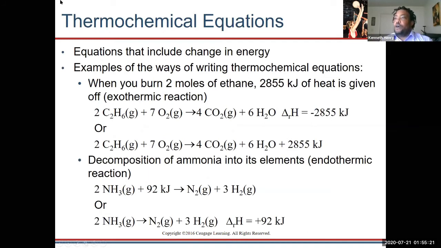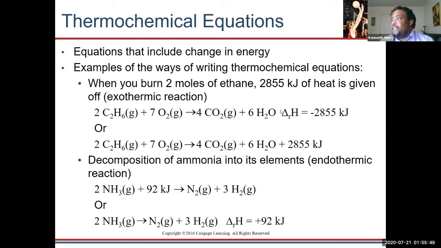Okay, so we have a combustion reaction with ethane, right? It's already balanced for you, so you don't have to do all of the hard work. We have two ways of writing it. The first way is saying this chemical reaction: 2 moles of ethane plus 7 moles of oxygen gas yields 4 moles of carbon dioxide gas plus 6 moles of water.